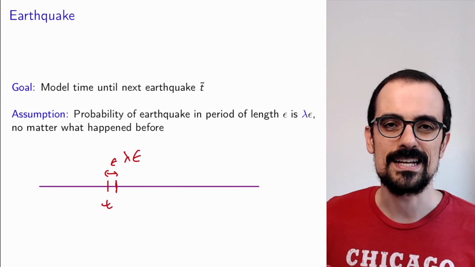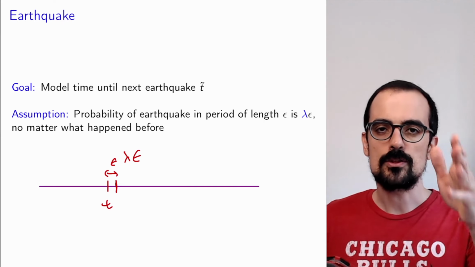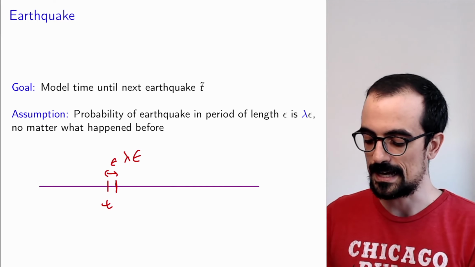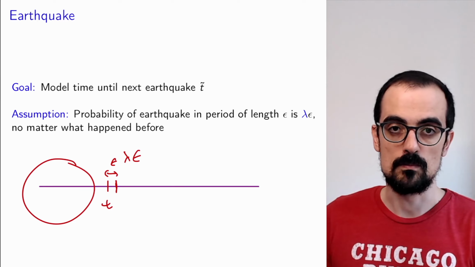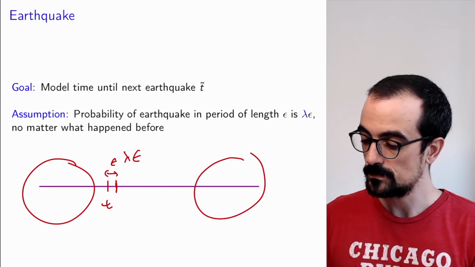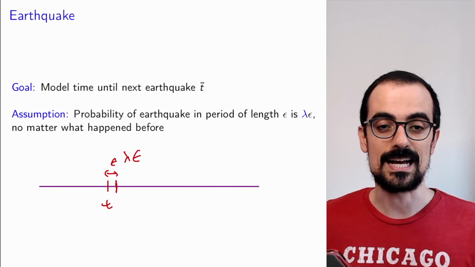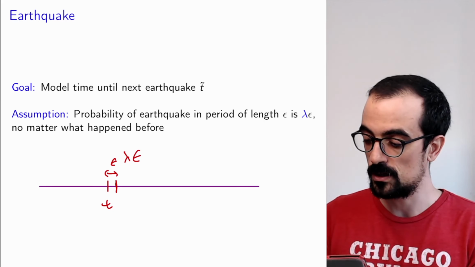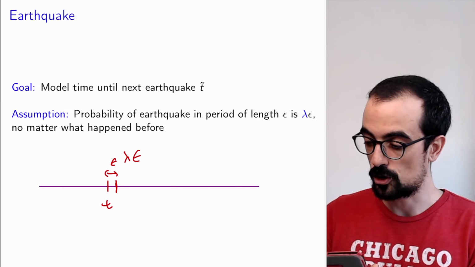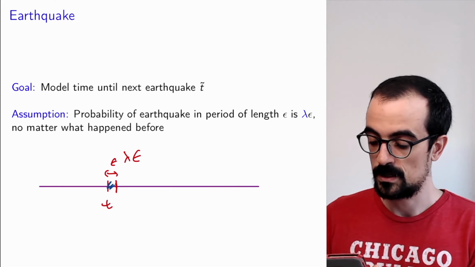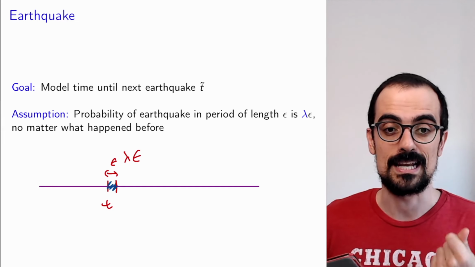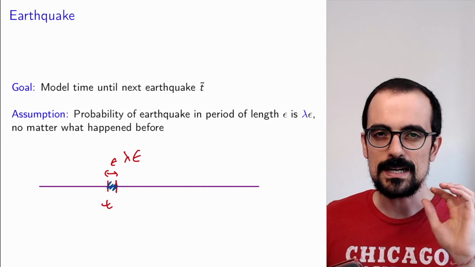So essentially what we're saying is that earthquakes just arrive from time to time at a certain constant rate. It's not that they're going to happen more often here than here. So when we're considering the time until the earthquake occurs, no matter what has happened before, the probability that the earthquake occurs within an interval of length epsilon is always the same. It's always lambda epsilon.